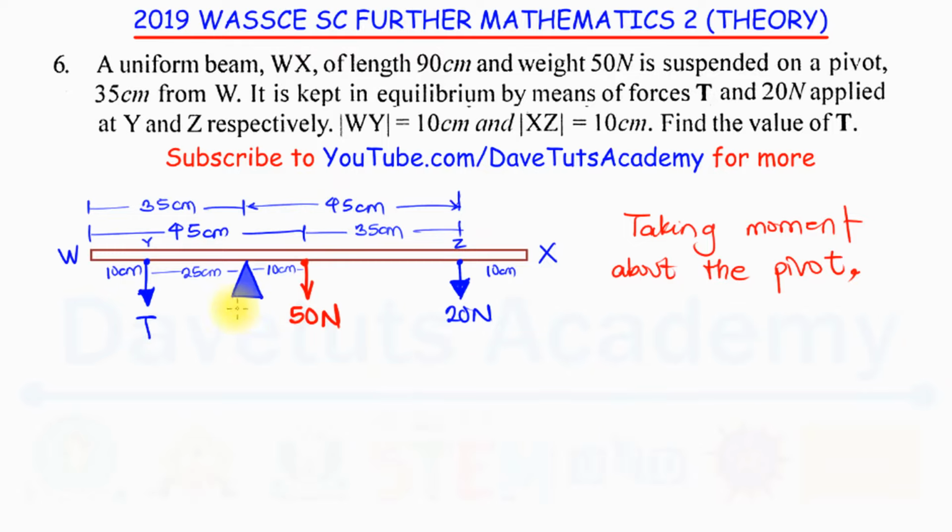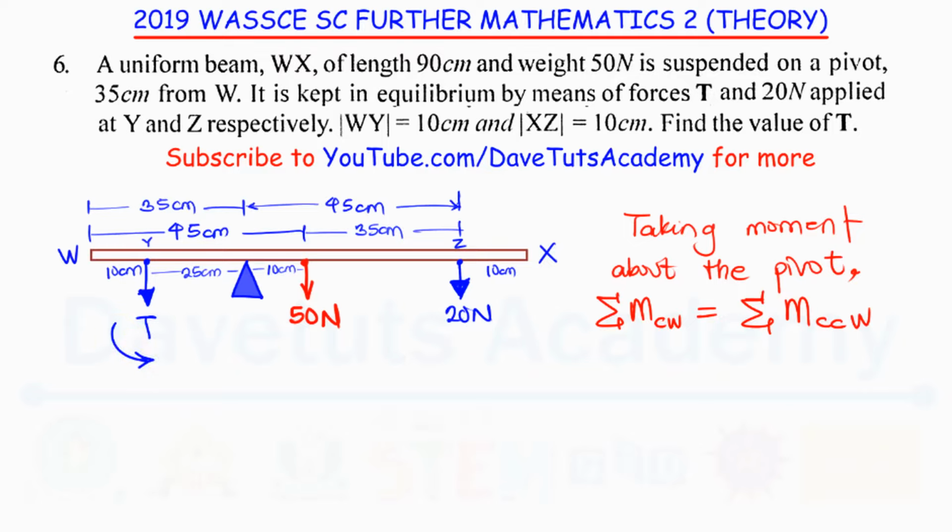So those are the parameters that we'll be needing to evaluate this particular question. And if we take moment about the pivot, this is our point of interest now, the sum of the clockwise moments is equal to the sum of the counterclockwise moments. So that's what we are going to be using here. Taking this pivot, this particular force T will have a moment that is tending towards this side.